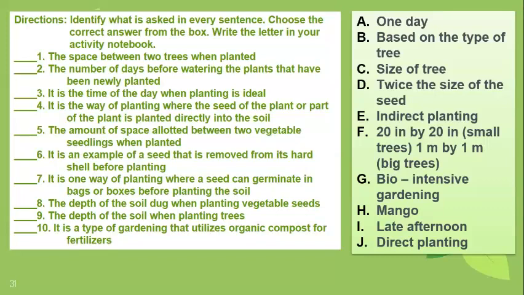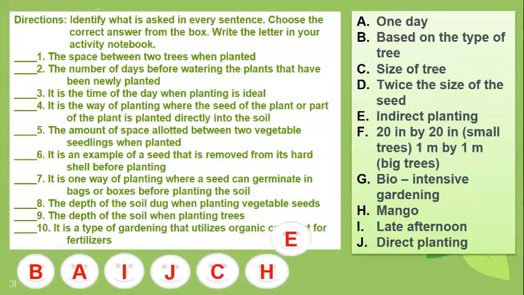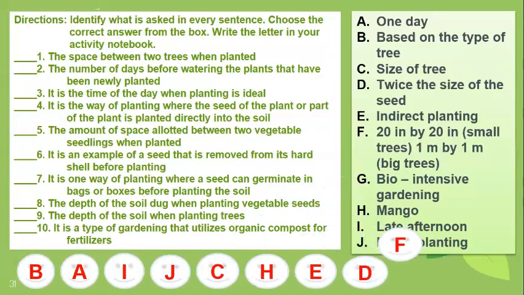Let's check. 1B, 2A, 3I, 4J, 5 is C, 6H, 7E, 8D, 9F, and 10 is G.